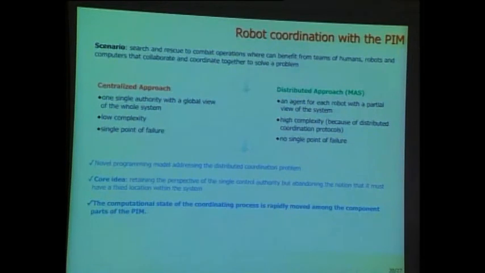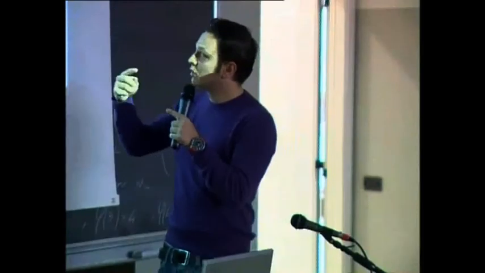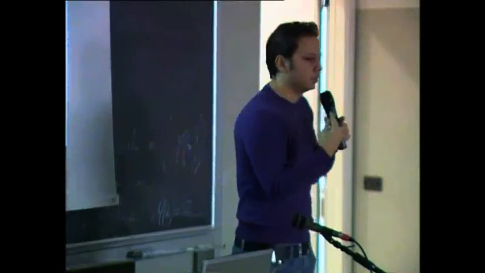This model retains the perspective of a single controlling authority, but the notion is that this authority does not have to be fixed on a node that may be lost. So we have one single computational state, which is the controlling authority, that moves rapidly among the parts of the system.